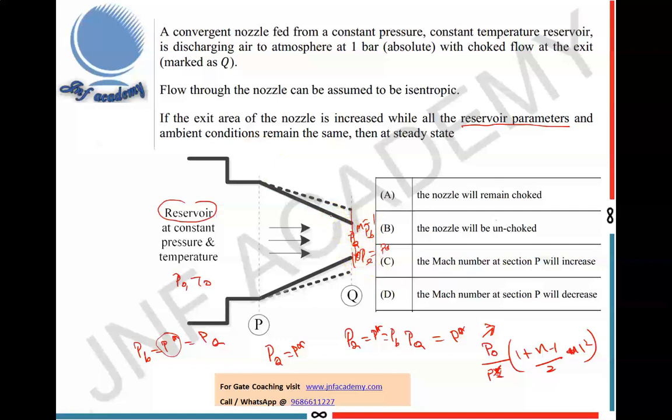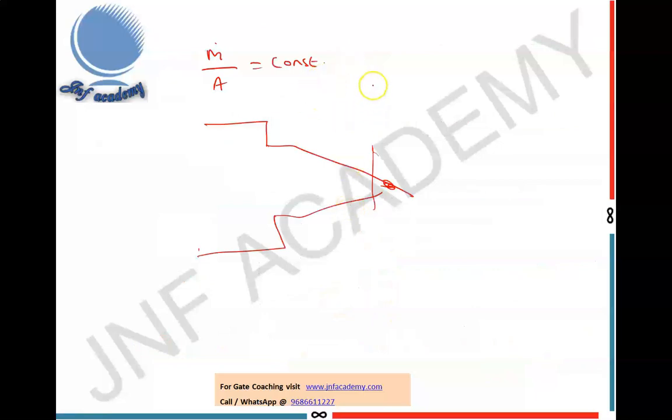Then at steady state, what they are asking. Since we don't change your exit pressure, because mainly choking, if you see this m dot equation, m dot by A is a function of root of (gamma by R) into P naught by root of T naught into (1 by ((gamma plus 1) by 2)) the whole power (gamma plus 1) divided by 2 into (gamma minus 1).